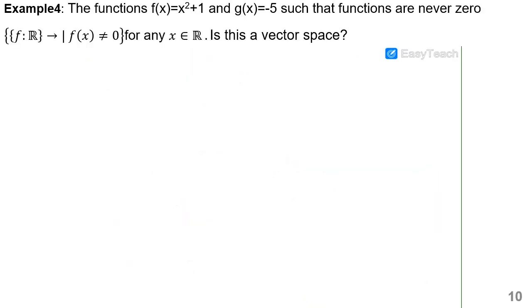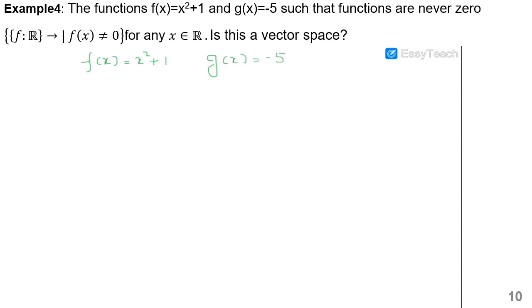We will take the fourth problem. We will take two functions. Function f of x is defined as x square plus 1 and function g of x is defined as minus 5.